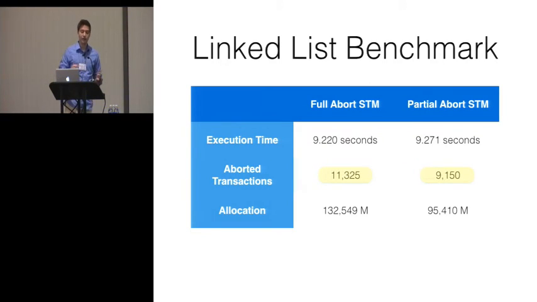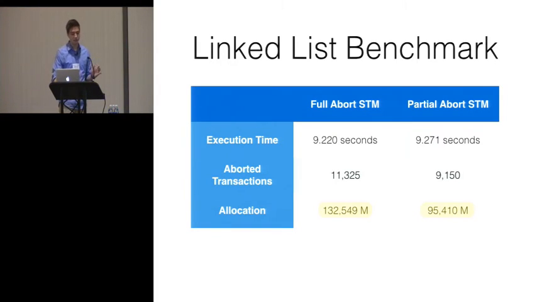And not only that, these 9,150 re-executed transactions in the partial abort STM are partial transactions, so we're not redoing the whole thing each time, whereas in the full abort, these 11,325 transactions start over from the very beginning each time. Given that we're doing so much less work in the partial abort STM, we end up allocating a lot less data, almost 30% less.